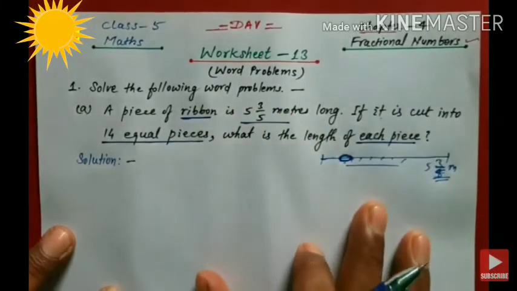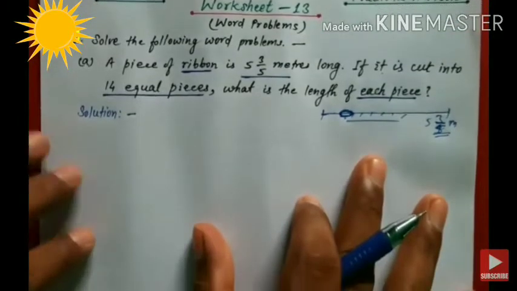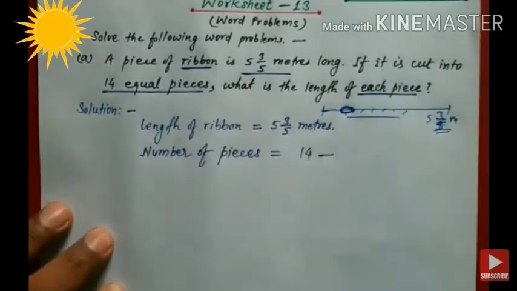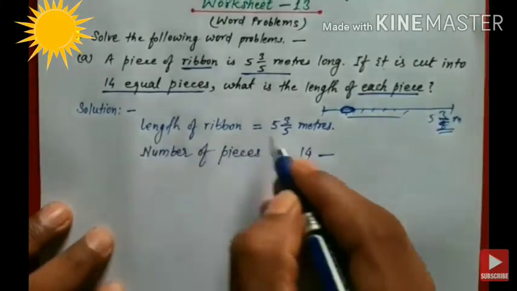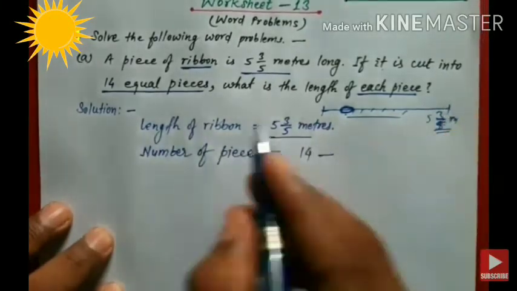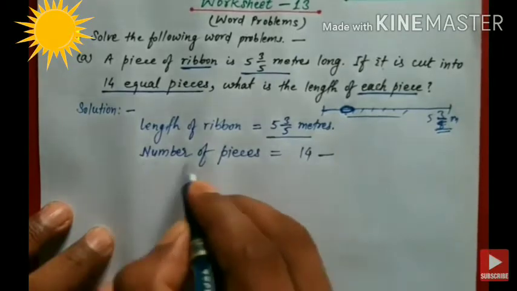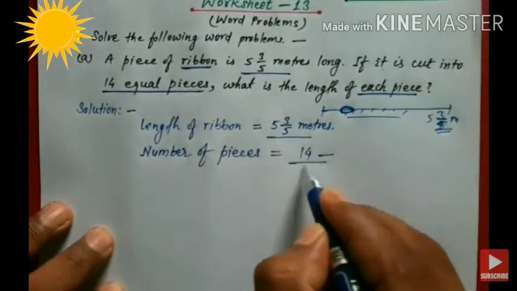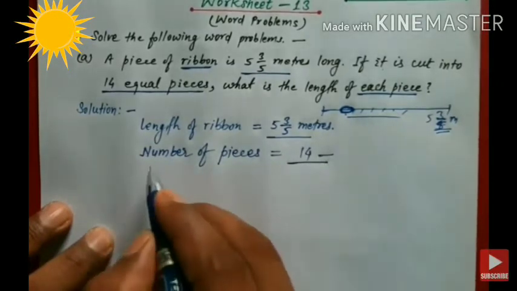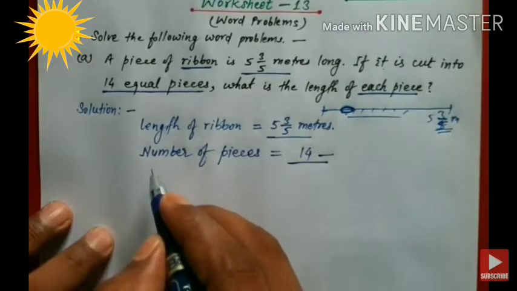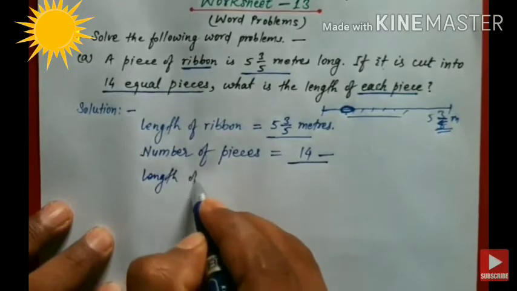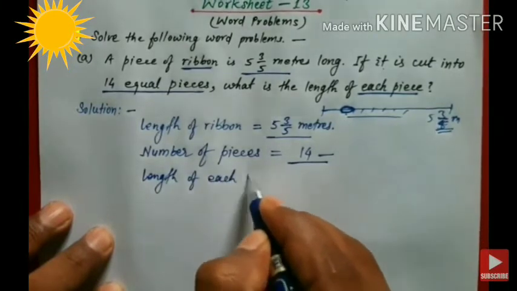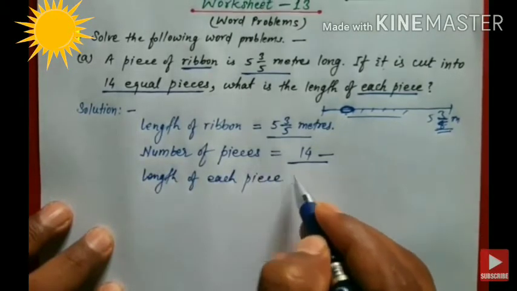So first of all we will write length of ribbon. It is given 5 whole 3 by 5 meter, and the number of pieces is 14. 14 equal pieces we have done. Now we will write here, we want to find the length of one piece, length of each piece.